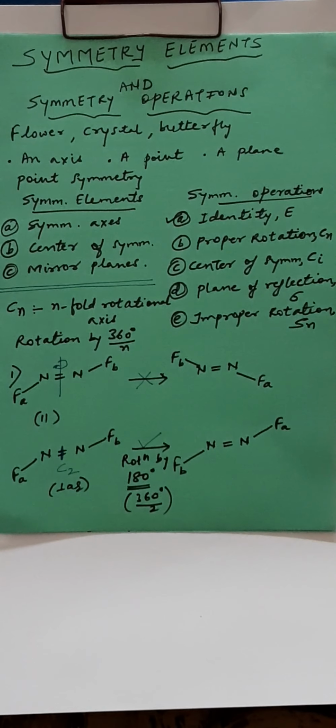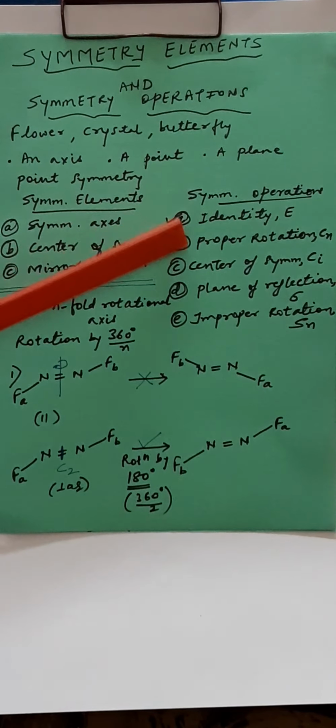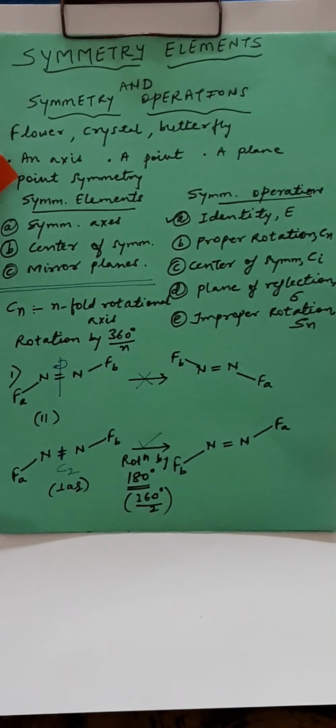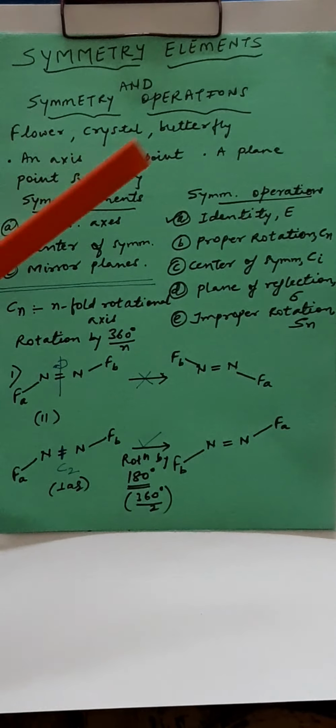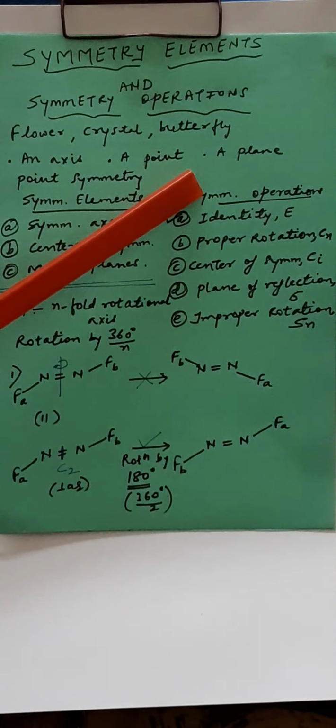It means whenever you consider any molecule and you perform any one of the symmetry operations on that molecule, during that operation there would be at least one point within the molecule which will not be altered, it won't change its own position, and such symmetrical operations will be considered as point symmetry. Clear?